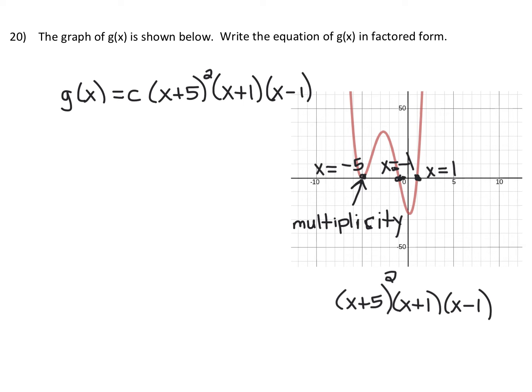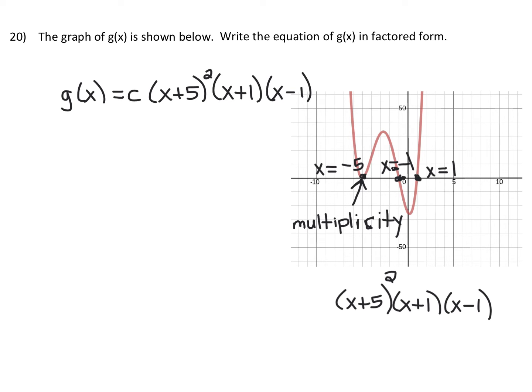Okay, so now we want to look at our graph and pick a point that we could plug in for this g of x and for these x's. Now, I always find the easiest one to be the y-intercept. You could pick any point that you could clearly see the coordinates of, but the reason I picked the y-intercept is because the x value here is 0, and when you plug in zeros for x's, it just makes your life a little easier.